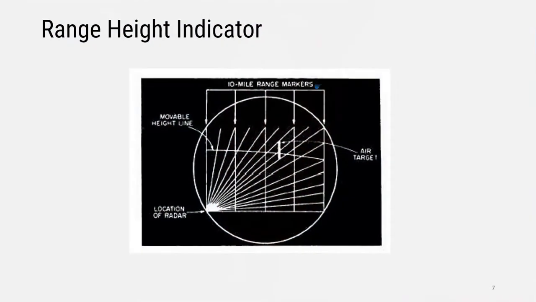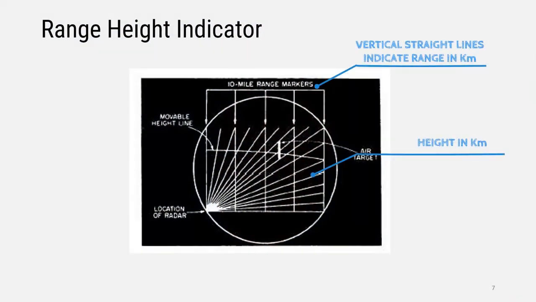When we come to the range height indicator part, the representation is going to be different compared to the plan position indicator. Whereas in the plan position indicator we'll be utilizing the F-Scope display mainly, in the range height indicator we'll have vertical lines representing the distance in kilometers, and the horizontal lines help us to determine the height in kilometers.